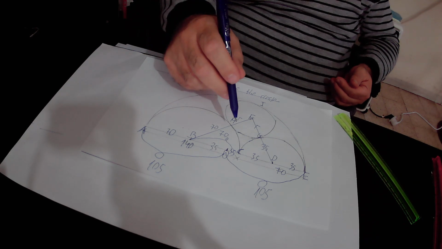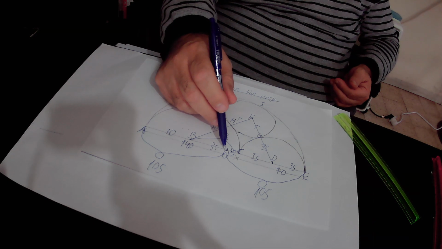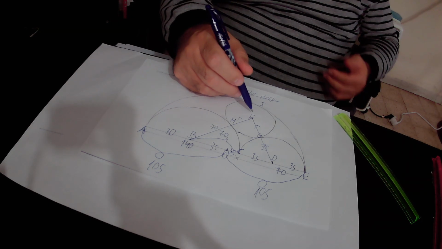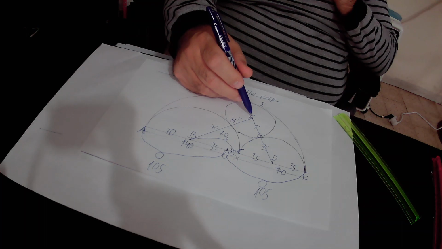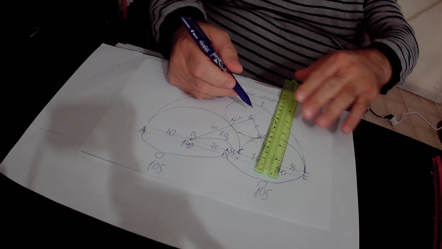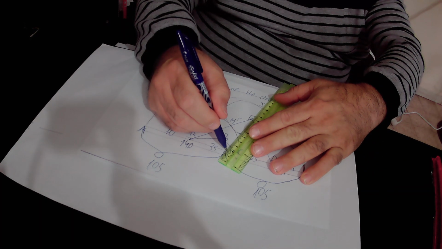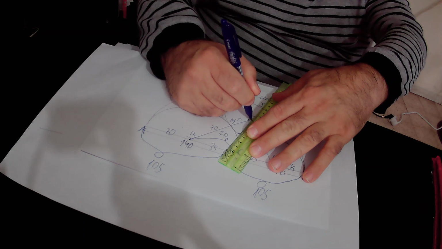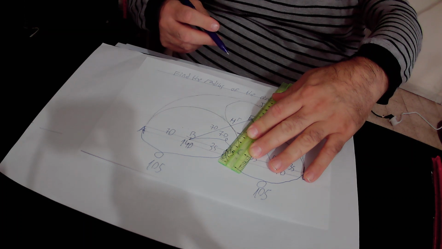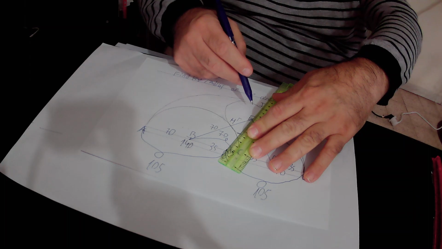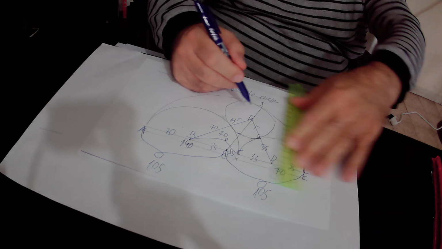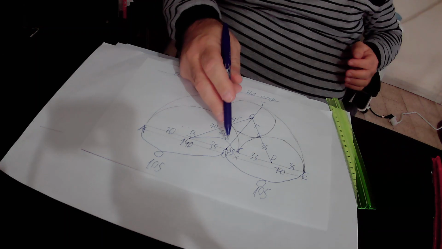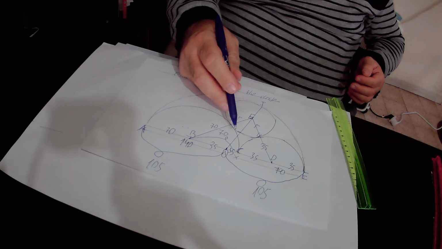The center of the biggest semicircle is here at point O. The center of this small circle is here at point F. So the straight line that connects their centers is OF, and according to rule number 10, OF must pass through their touching point, that is, through point I. So OFI is one straight line.